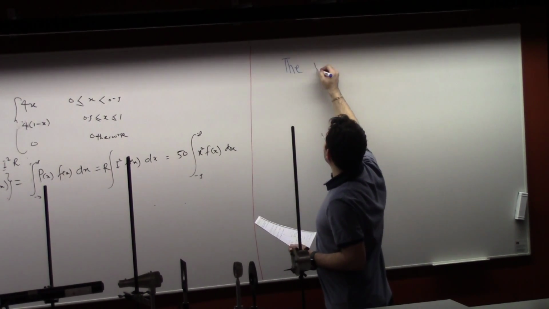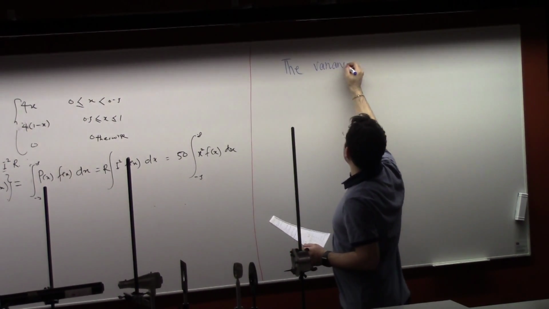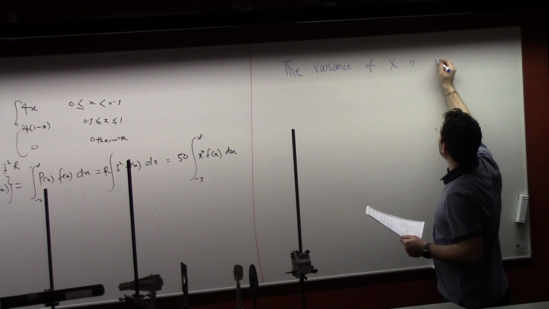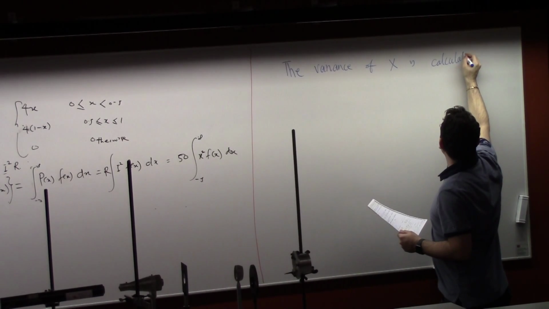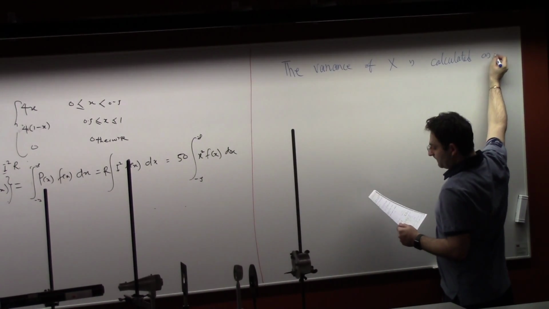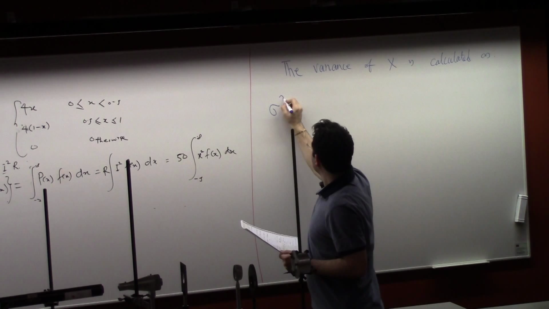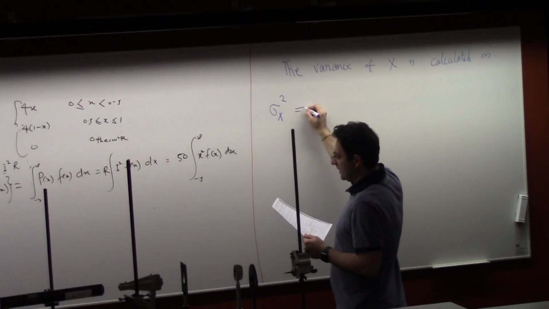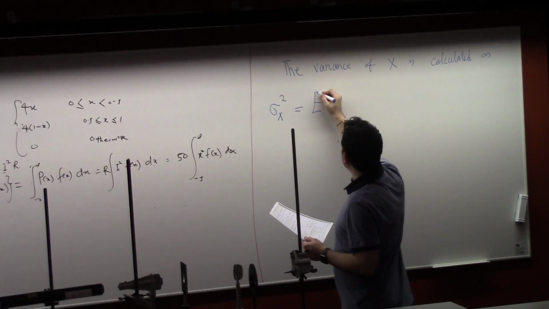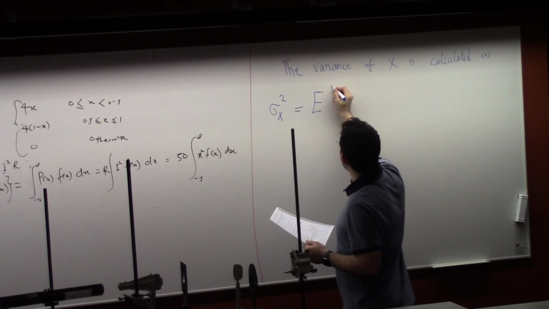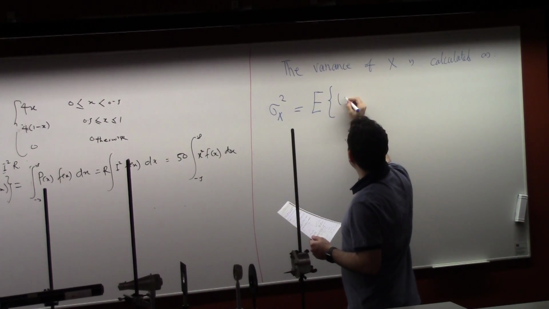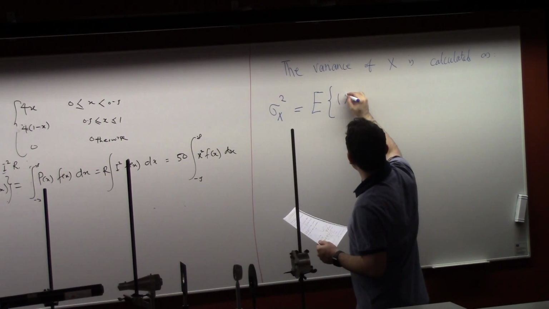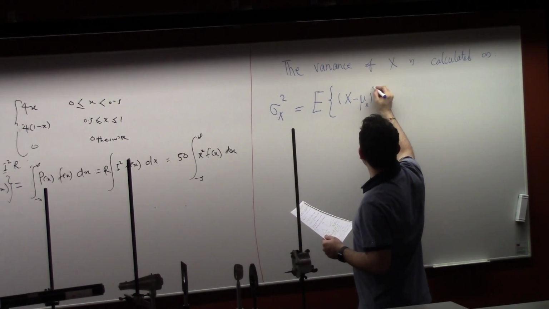The variance of x is calculated as, we show it by sigma squared of x, which is the expected value of random variable capital X minus mu of x, squared.